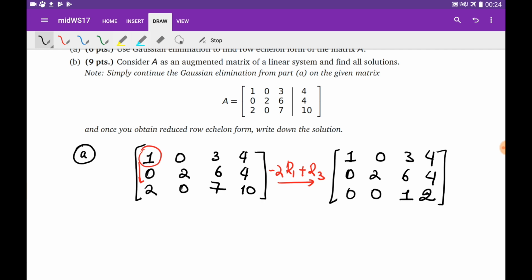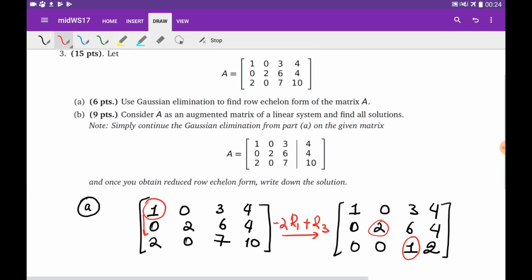So now we need to choose the second row. This is going to be the pivot. We eliminate all the entries below this, right? So this is already 0. And I go to the third row. This is going to be my pivot. So this is going to be the row echelon form of the matrix A.